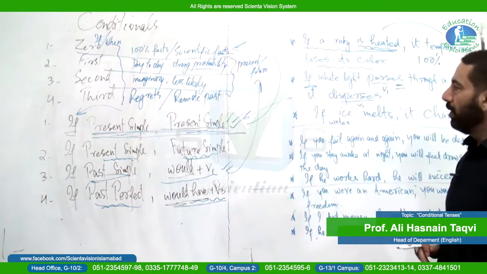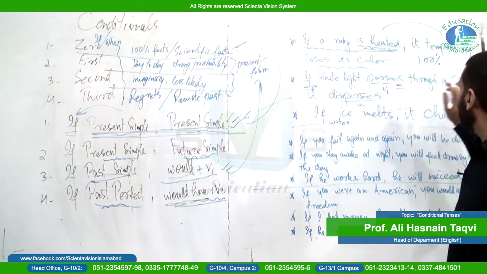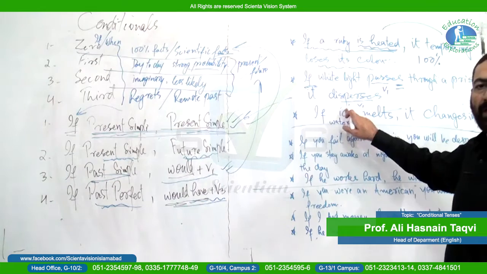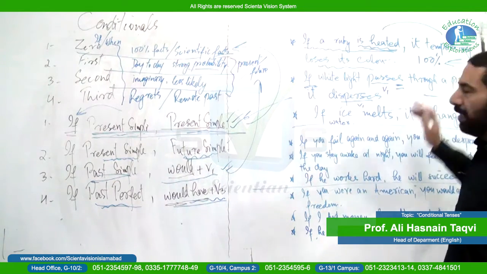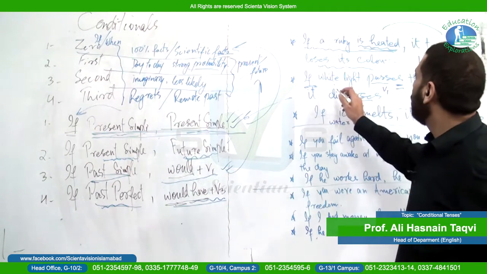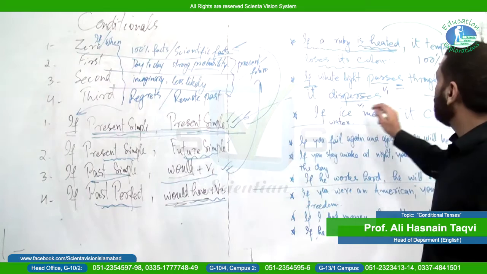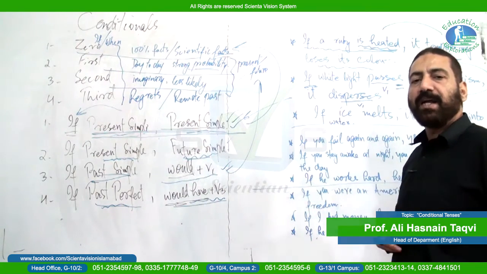Zero. Science fact. Every time white light passes through a prism, it disperses. Based on being 100% true, you have no other choice. You cannot say if white light passes through a prism, it will disperse. That would be marked as incorrect.